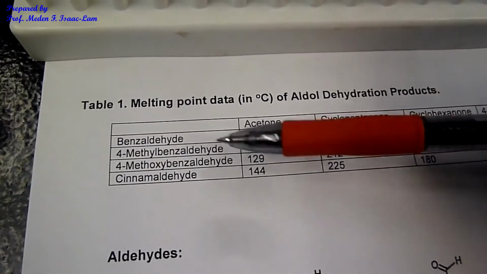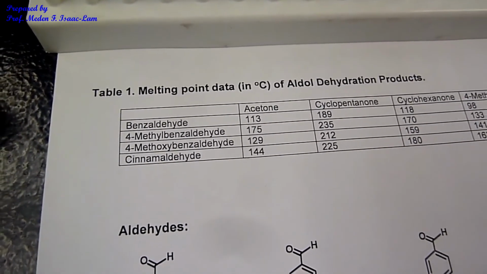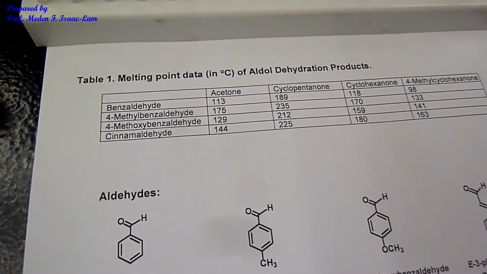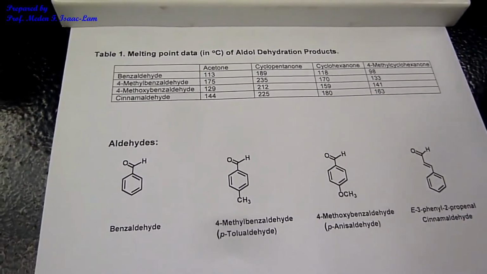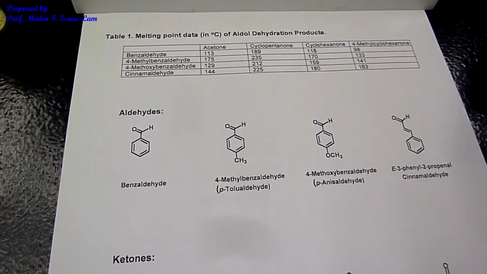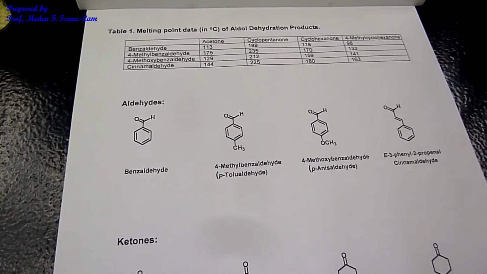Therefore, the combination is benzaldehyde and acetone. So each one will be provided a melting point data, and you will determine what the combination is for the aldehyde and ketone. So you will be given two melting point data. You will figure out what the starting aldehyde and ketone in the mixture are.